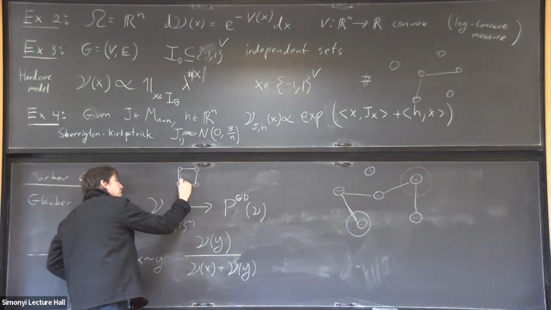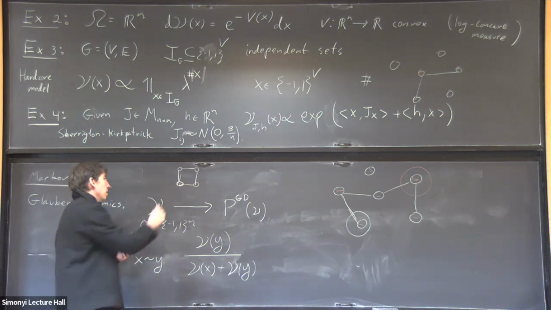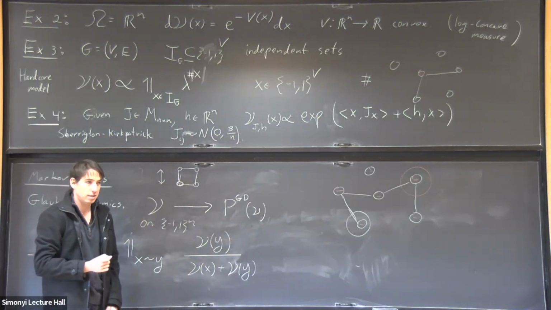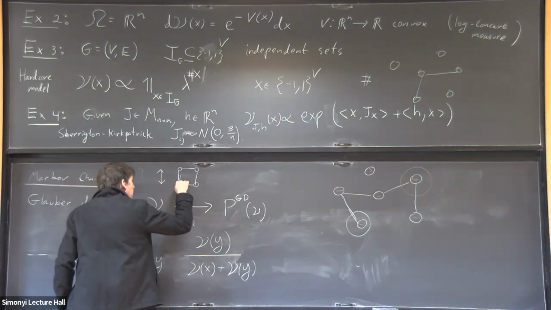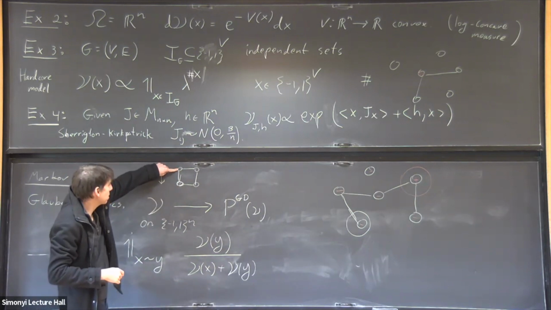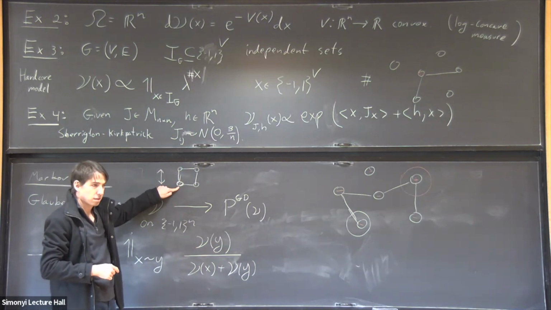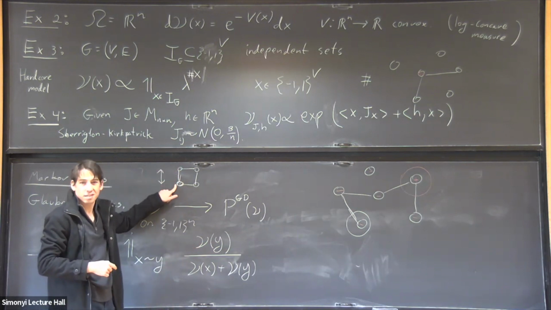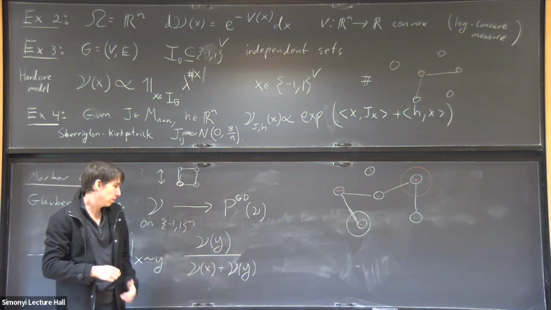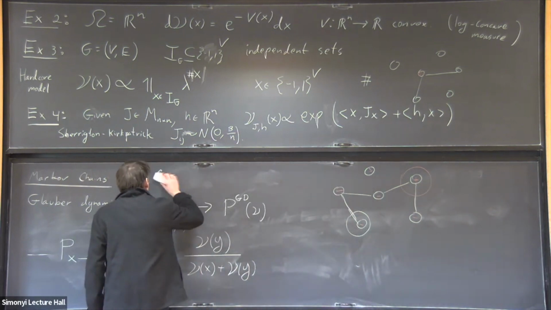Suppose I'm on this vertex, I first choose which coordinate I refresh. Perhaps I chose to refresh the up-down coordinate. So now my next step will be either this or this. The probability to be this is the measure of this over the two measures. The probability to stay here is mu of x over the sum of measures. So this is called Glauber dynamics.